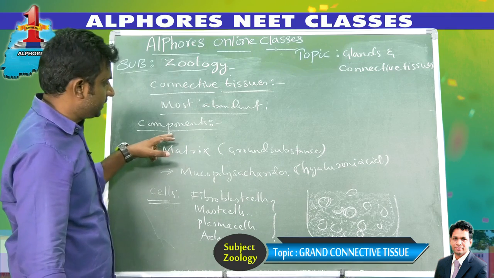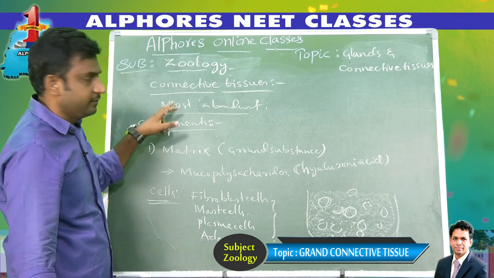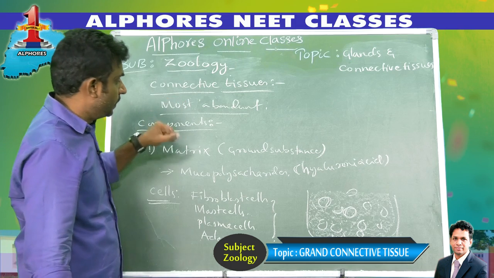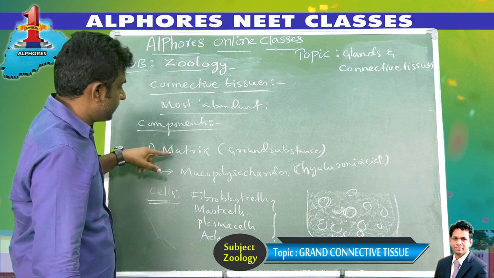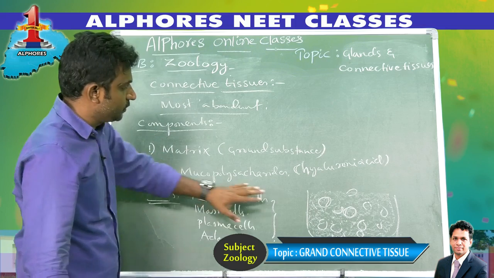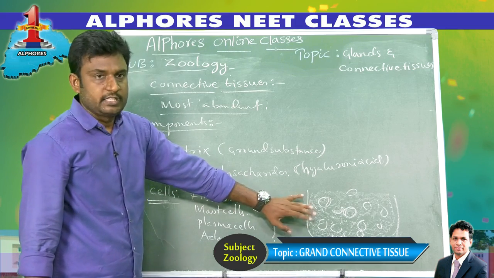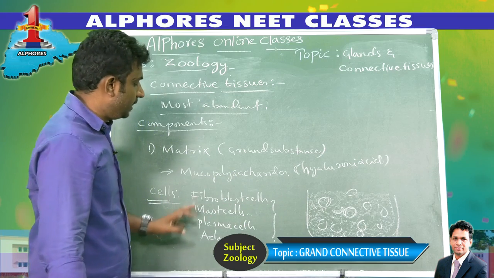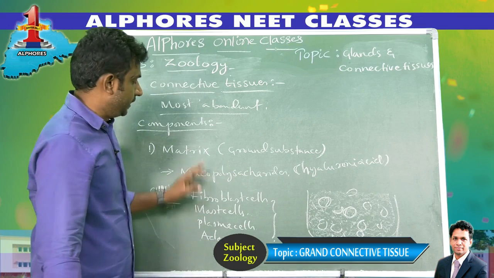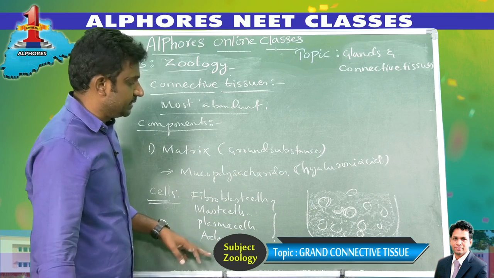So, we are discussing the components of the connective tissues. In the connective tissues, ground substance is present, which provides space for all these cells. In that matrix only, all these cells are present.